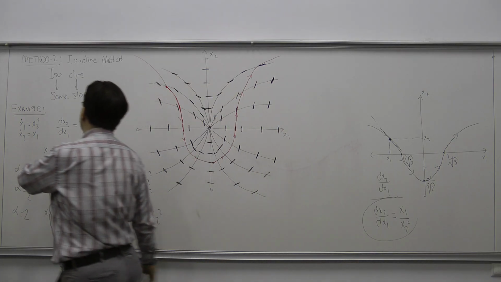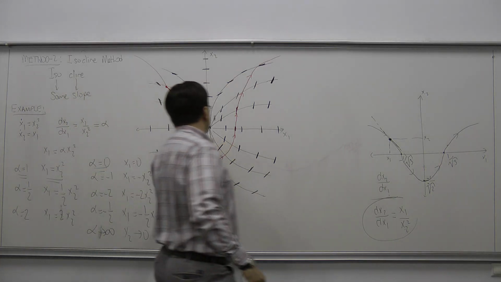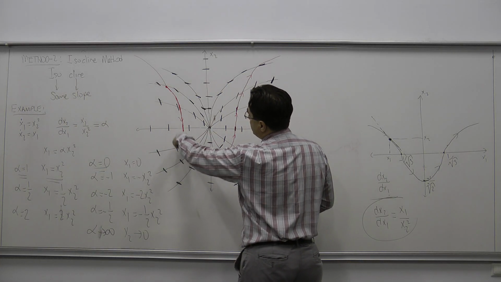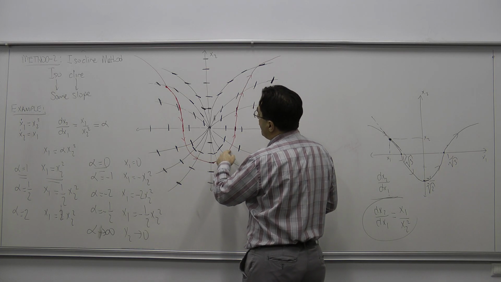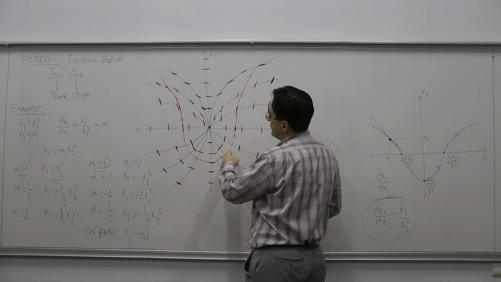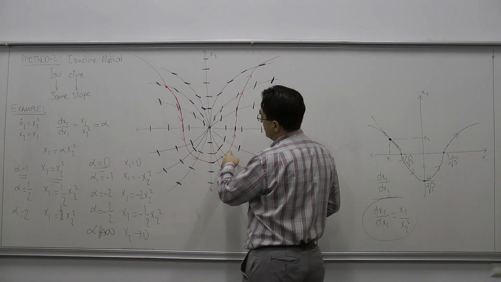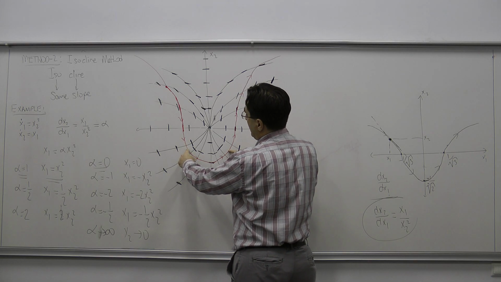So here we see that it really doesn't matter if x2 is positive or negative, okay? But if x1 is positive or negative, if I have this velocity for this x1 and x2, I would have the reverse of that velocity exactly on the symmetric counterpart of here. Okay, so at these points I have opposite velocity.